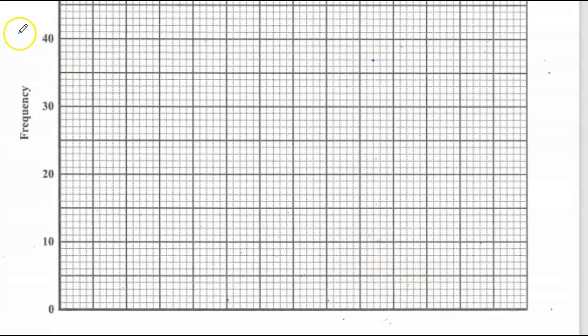So of course, the frequencies were here, and the volume. Now the volume goes up to 60.5. A suitable scale would be 10, 20, 30, 40, 50.